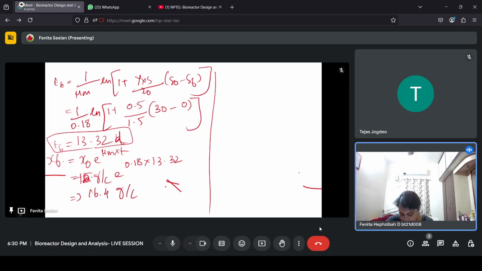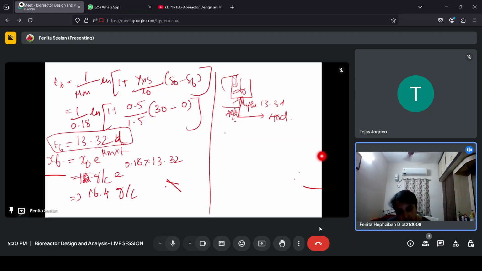So for the mass of the cells, after batch is completed, now after 13.3 days, we are giving the feed in and letting it run for 40 days. The feed flow rate was at 4 liters per day. So the mass of cells at the start of the fed batch operation is equal to the final batch cell concentration multiplied by the initial medium volume.